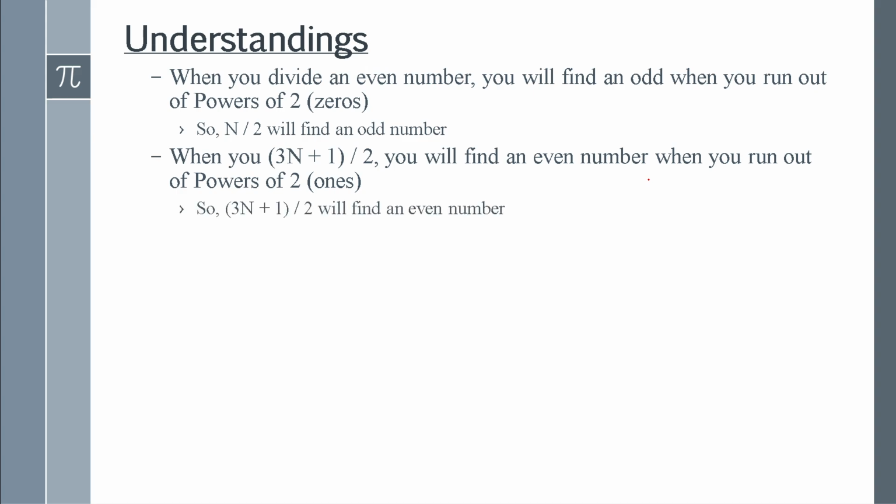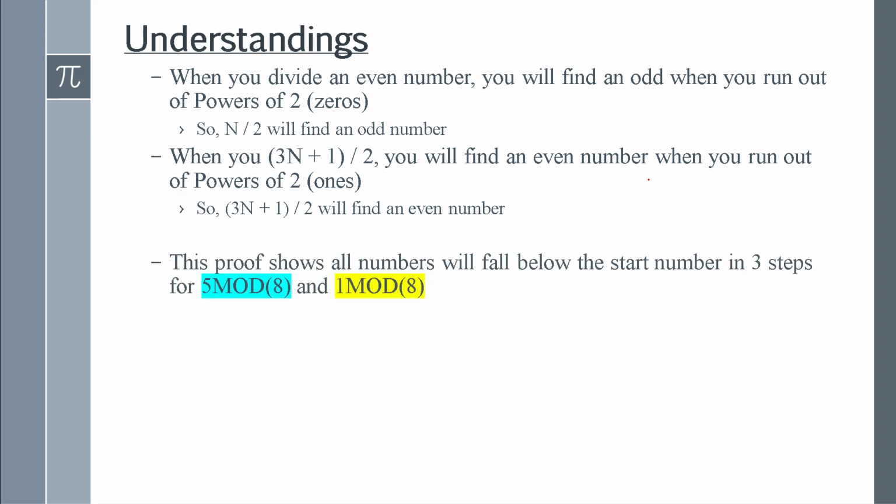So once you hit a 1 mod 4 number, the next result of this formula will give you an even number. And just an interesting fact that once you find the even number, the next number, which would be 3 steps below, will be below the number that you use the formula on.